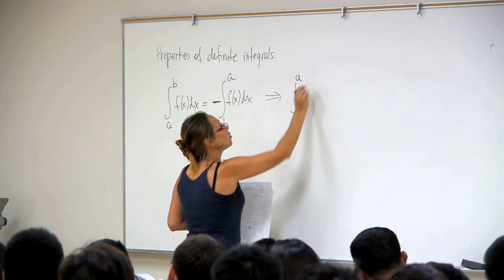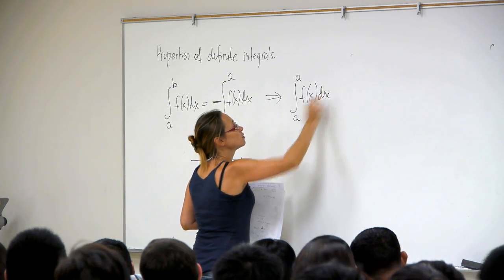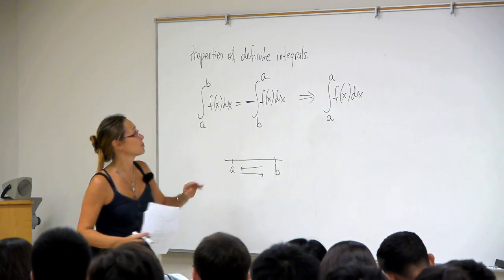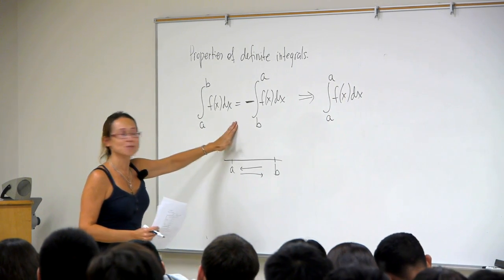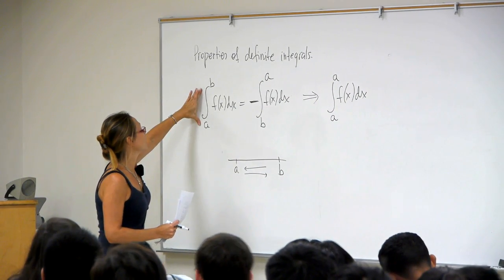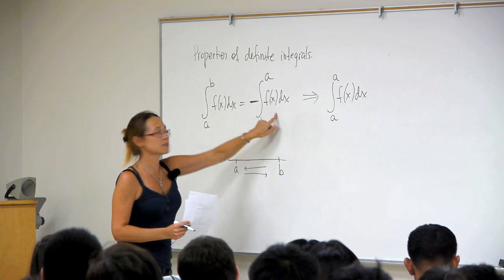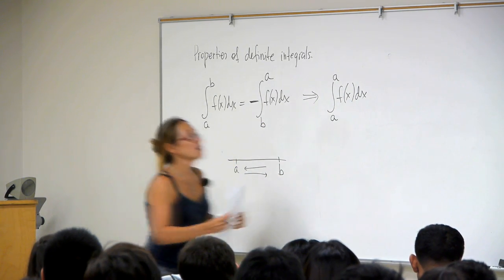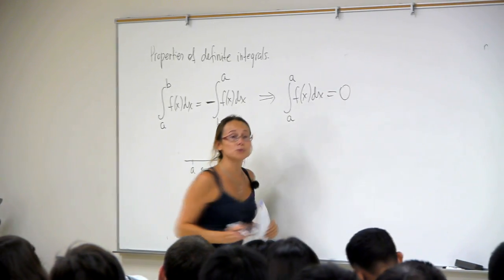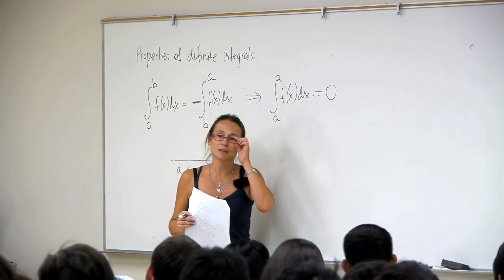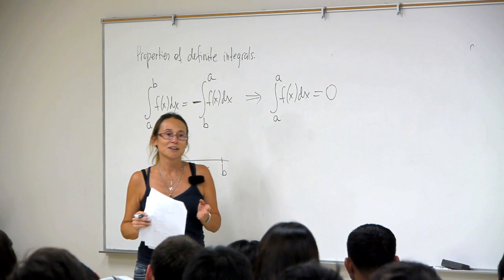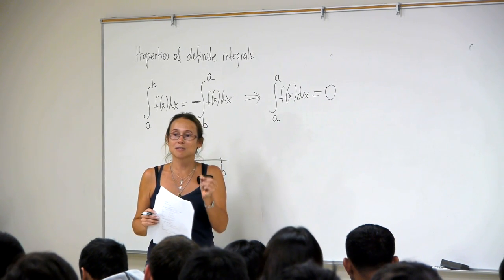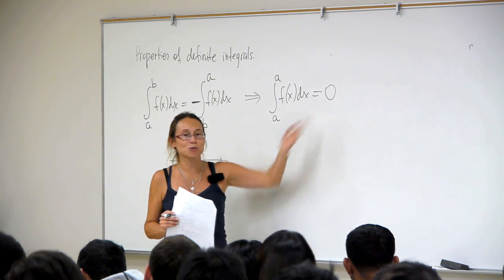The integral of f of x dx from a to a, what's that equal to? 0. Two reasons for this. The first reason comes from this formula. If I take them both to be a, then this is equal to minus the same thing, so this can only be 0. The other reason is that we're considering the area under a curve of an infinitely thin base. So it has to be 0, right?